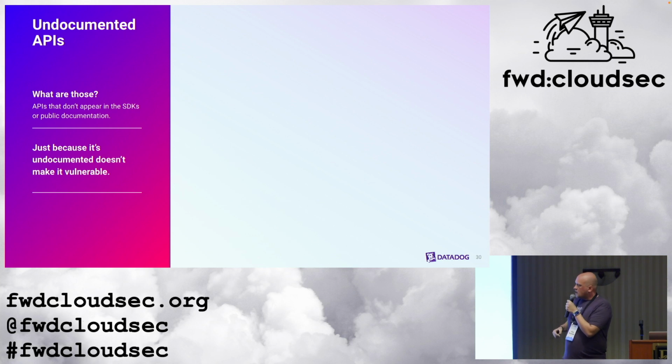So for our purposes today, I'll define an undocumented API as one that is an API that exists within AWS that doesn't appear in the public documentation or doesn't appear in the SDKs. And to be clear, just because an API or a service is undocumented doesn't mean it's vulnerable. There are thousands of API operations which are undocumented and are completely benign and uninteresting.